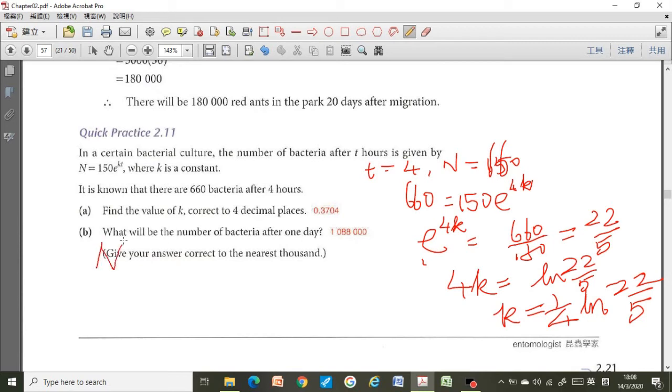So the N is just equal to 150 e to the power 1 over 4 log 22 over 5, then times 24, which is 150 e to the power log, 24 divided by 4 is 6, so inside it is 22 over 5.